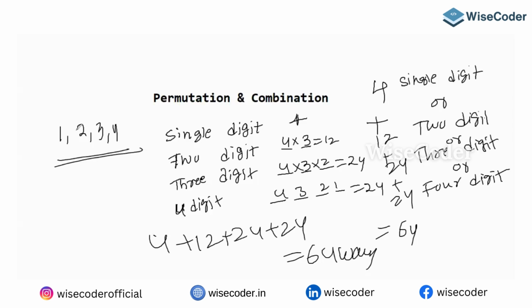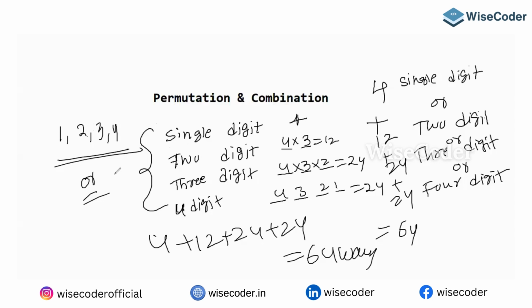By using 1, 2, 3, 4, you need to frame how many natural numbers? Single digit, or 2 digit, or 3 digit, or 4 digit. So the conjunction here is what, guys? Or.